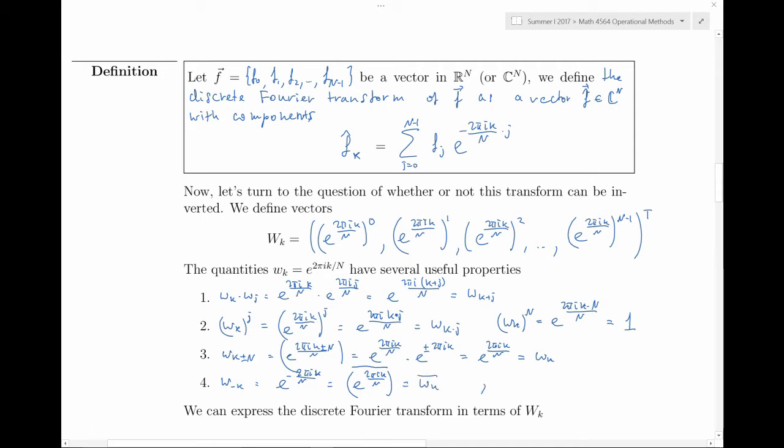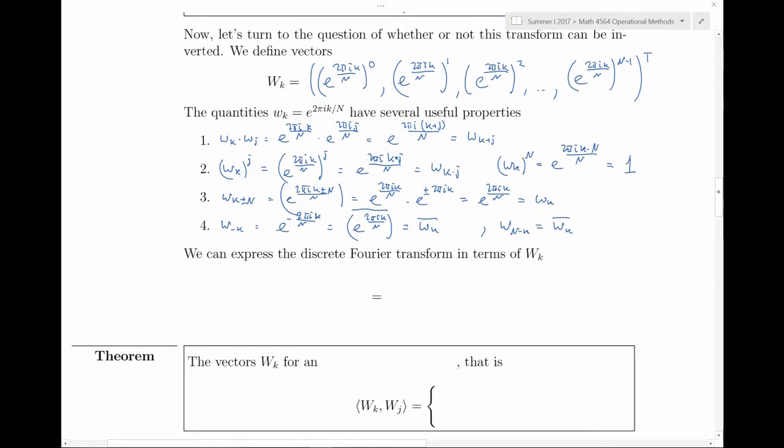In particular, if we add n, w of n minus k is going to be the same as w_k bar. This creates a certain effect for our discrete Fourier transform, and that we will have to account for it.